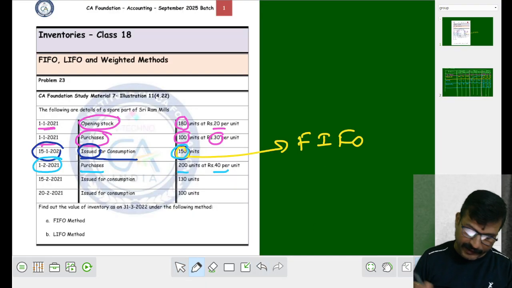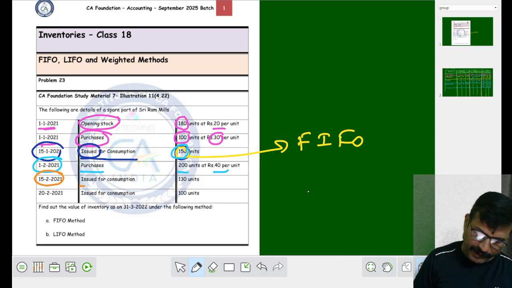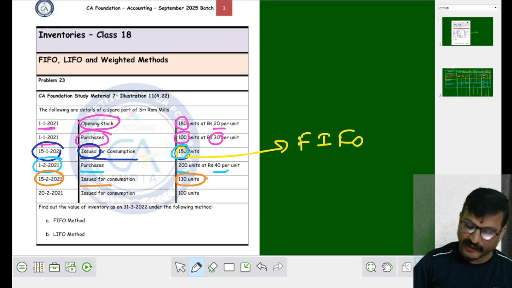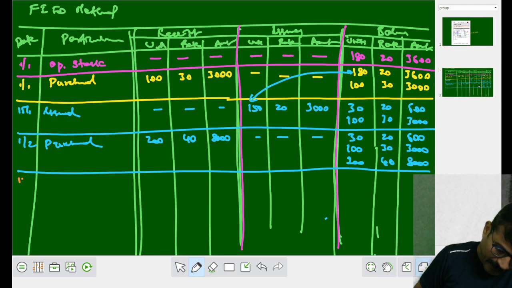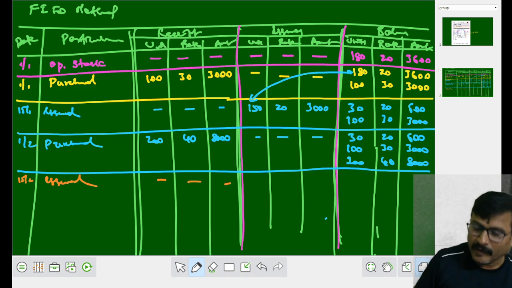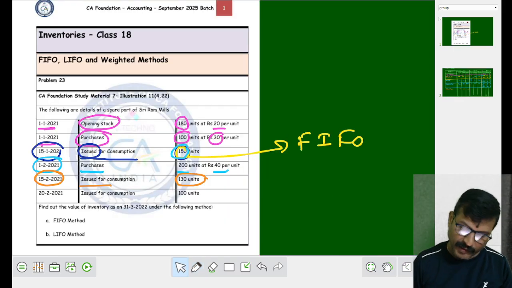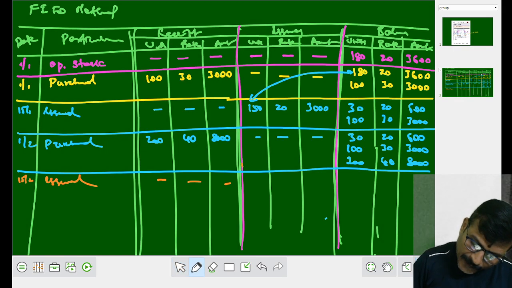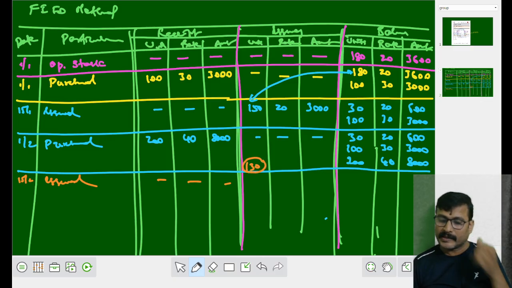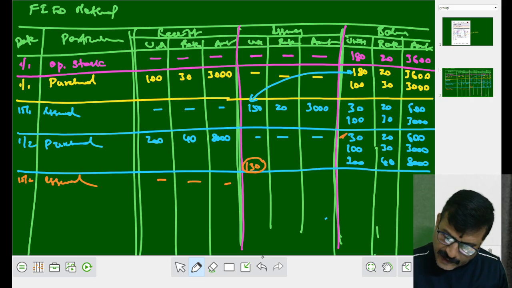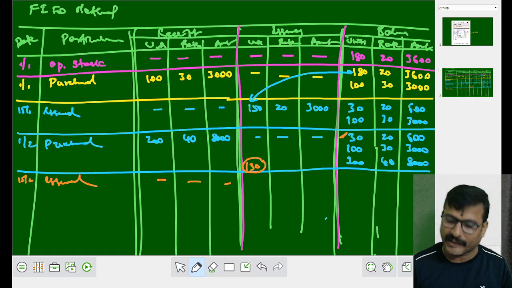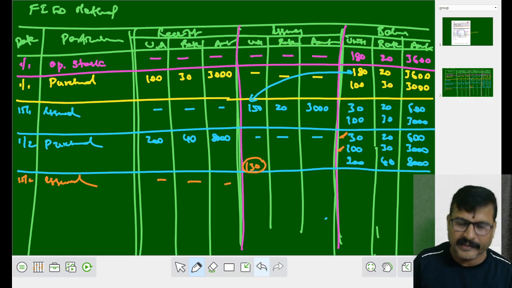What happened in the next transaction, my dear children? On 15th February, issued 130 units. On the top, how many units do you have to issue? 130. In the first lot, how many units are there? 30. You give all the 30, and afterwards you give 100.